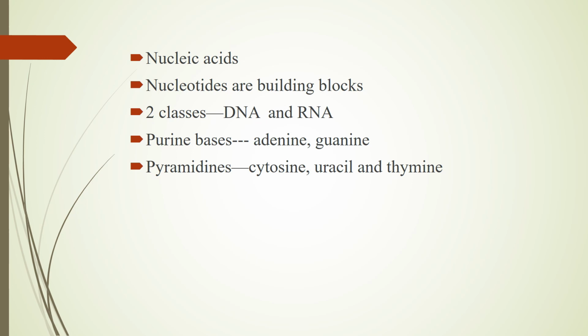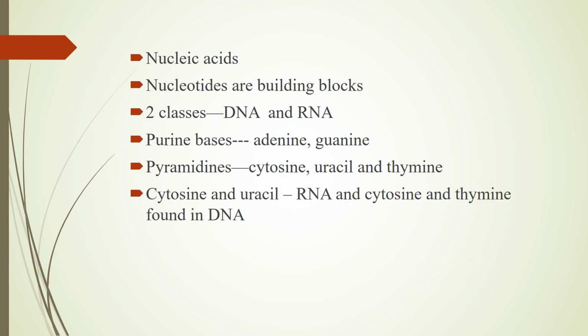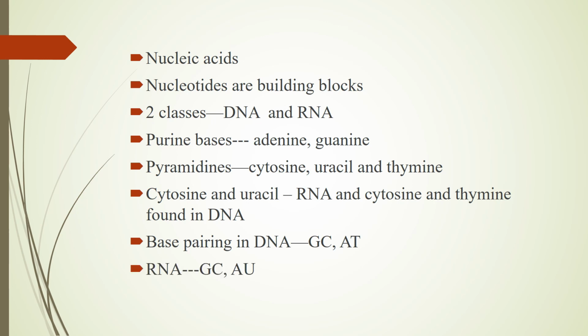Pyrimidine bases include cytosine, uracil and thymine. Cytosine and uracil are present in RNA, and cytosine and thymine are found in DNA. Base pairing in DNA is guanine-cytosine and adenine-thymine, and in RNA it is guanine-cytosine and adenine-uracil.